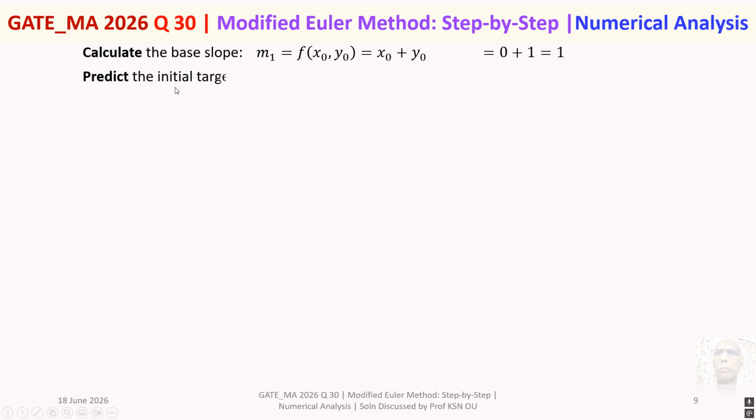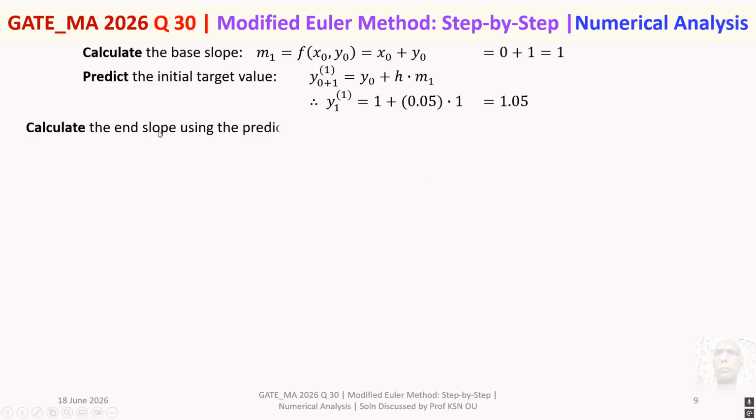Now, predict the initial target value, that is y(n+1) superscript 1 is yn plus h times m1, that is y1 superscript 1 is equal to y0, 1, plus h is 0.05, times m1 is 1, that is 1.05.